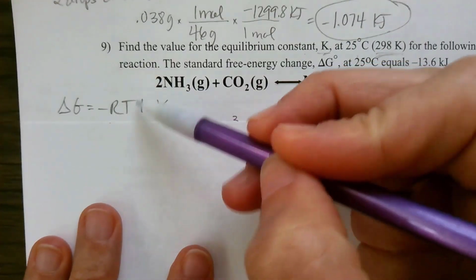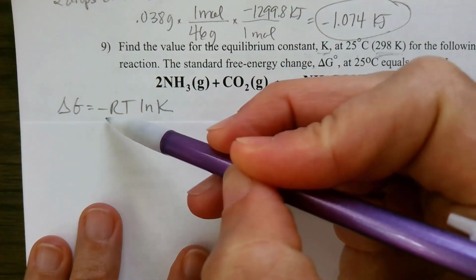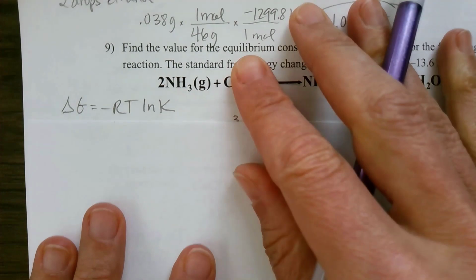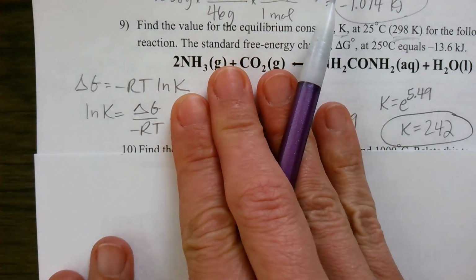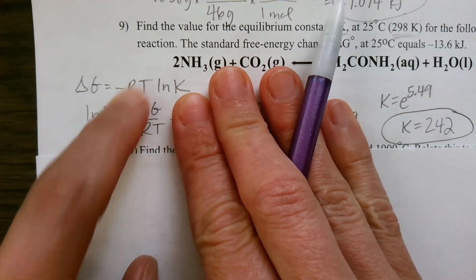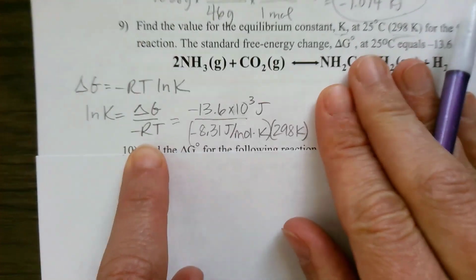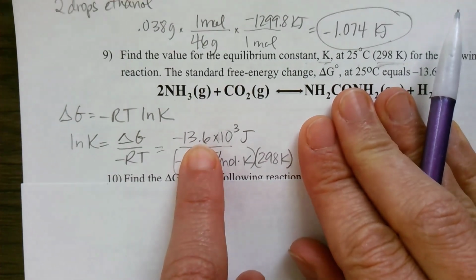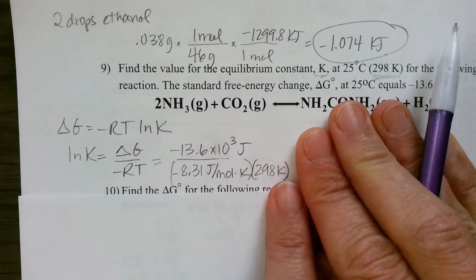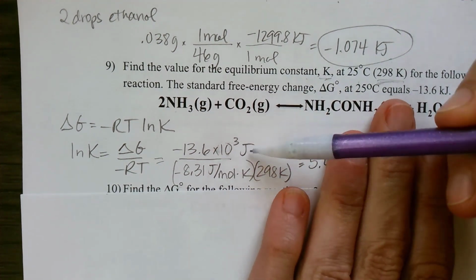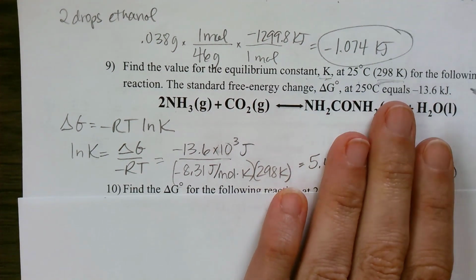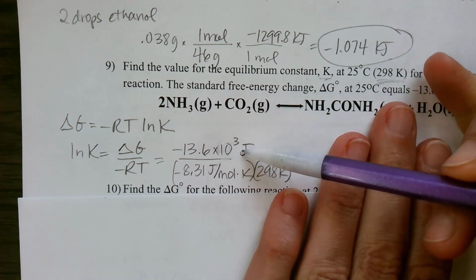We know delta G, we know R, the gas law constant, and we know temperature. So I'm going to rearrange to solve for the natural log of K, dividing negative RT from both sides. So the natural log of K is equal to delta G over negative RT. Let's plug in our delta G, and notice I changed this to joules instead of kilojoules. Why?